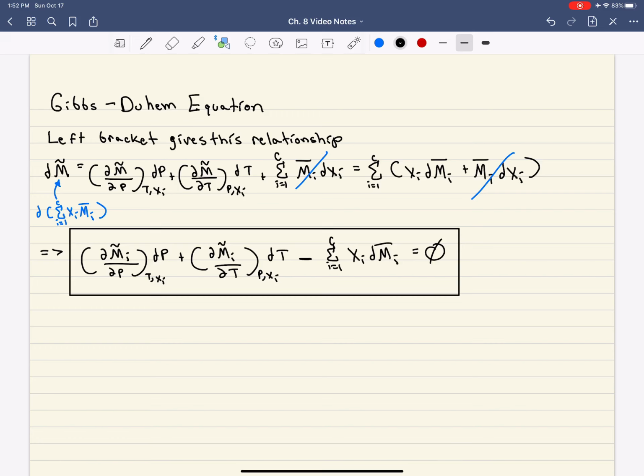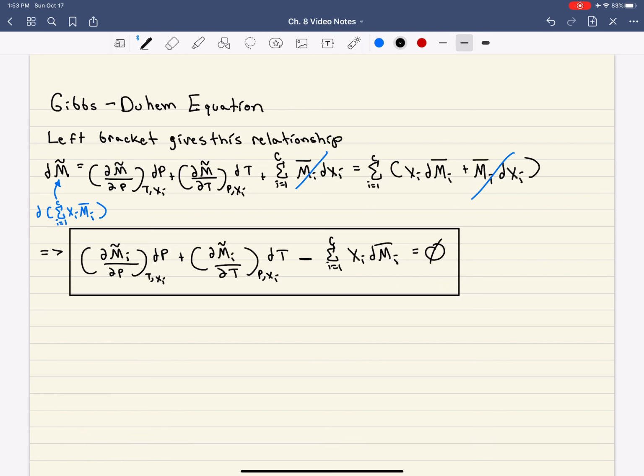Alright, and so what this equation is telling us is that any changes in the molar quantity for a particular species i as a function of pressure and temperature have to be balanced out by the changes in the partial molar quantities. Okay?